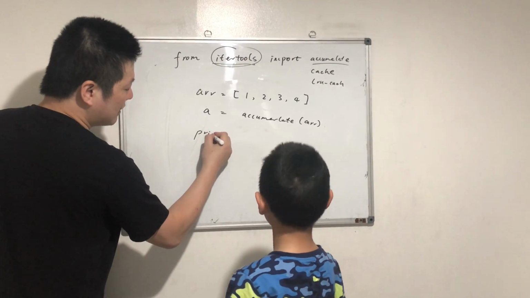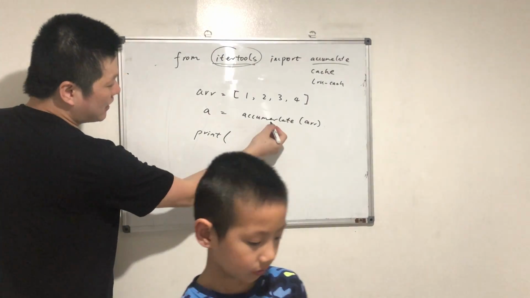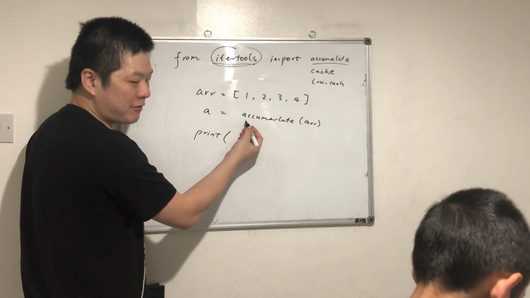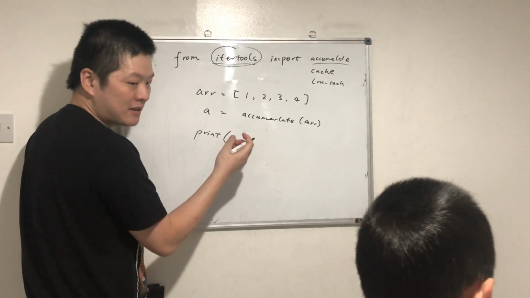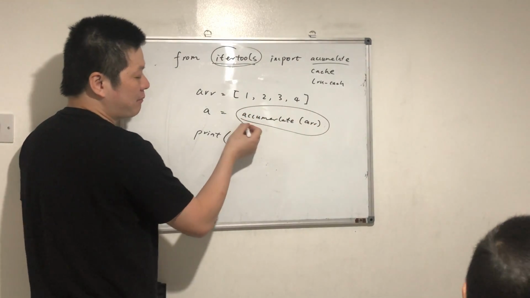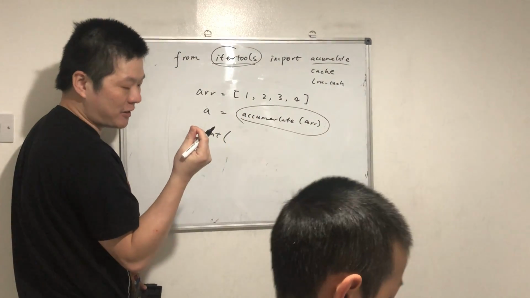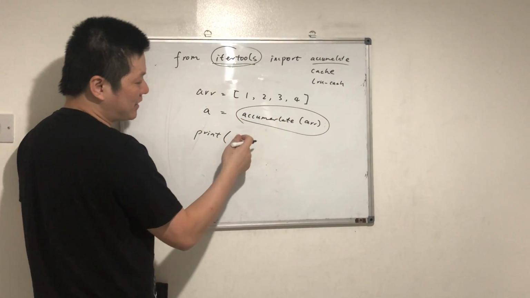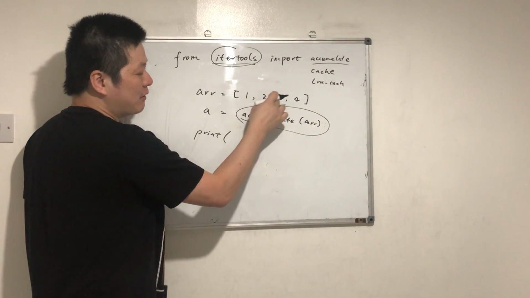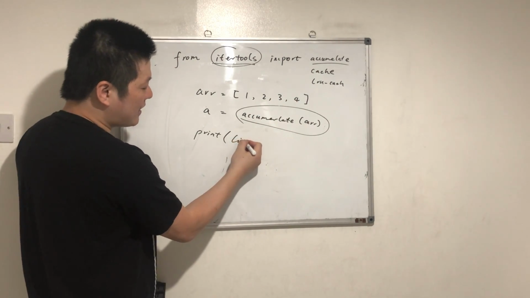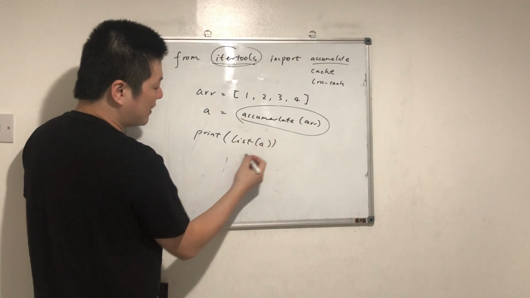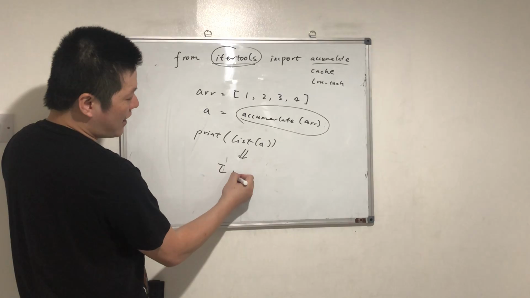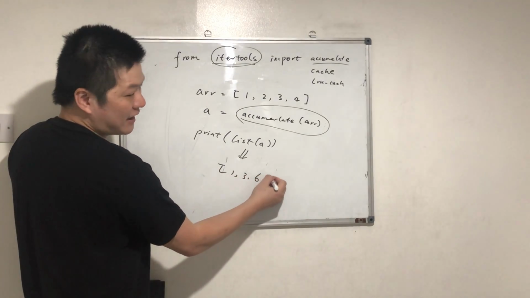You need to turn this into a list because this is an iterator, a generator. Remember? So this generator, what does it give you? It gives you one element at a time, right? So you can say for i in accumulate, then you print 1, 3, 6, 10. So print list A, then it will give me 1, 3, 6, 10, right?